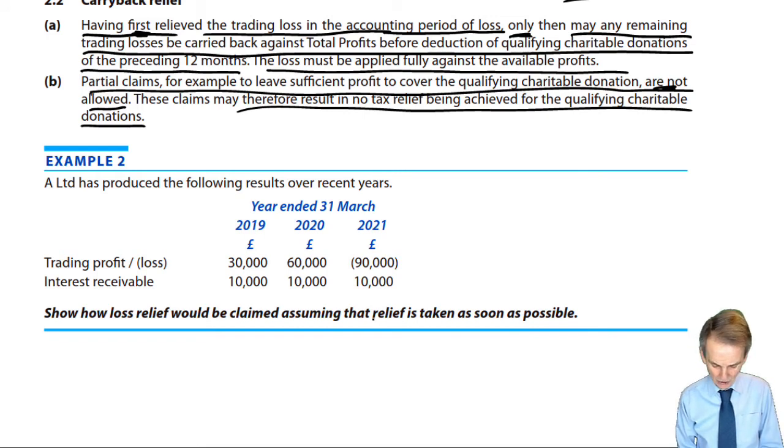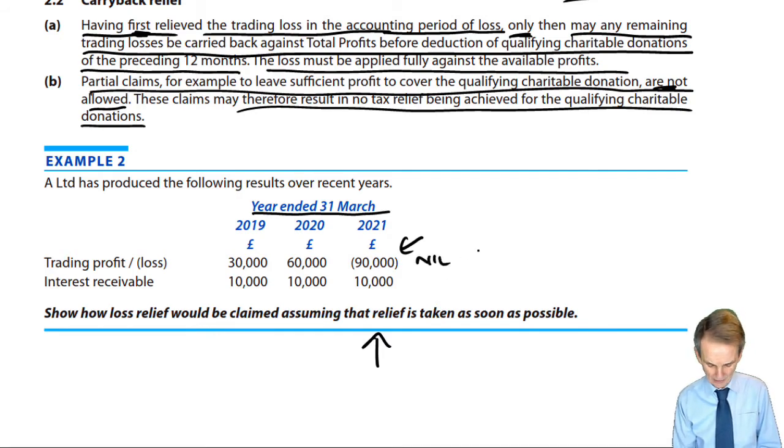Now, we've got a situation here with A Limited where there is your loss-making period. Each of these accounting periods are year-ended the 31st of March. So here, the possibilities of claim are, in the current period, what other profits do we have? Remember, the 90,000 loss will be a nil assessment. We have £10,000. If and only if we make that current period claim, may we then go back.